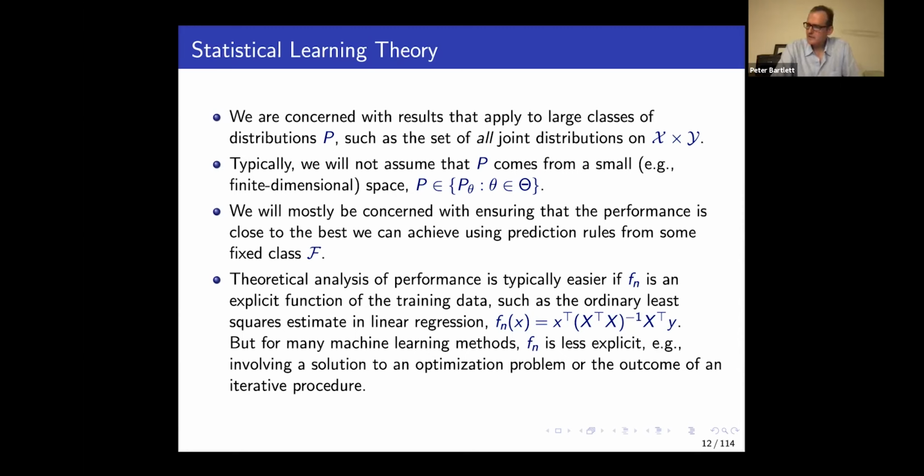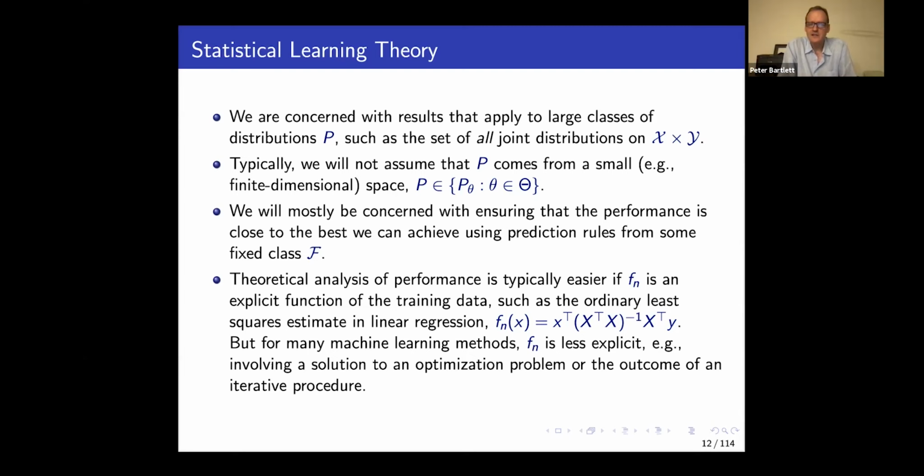And just one comment here. When we look at analyzing the performance of statistical methods, of algorithms that produce these functions Fn, it's typically easier if we can write Fn as an explicit function of the training data.